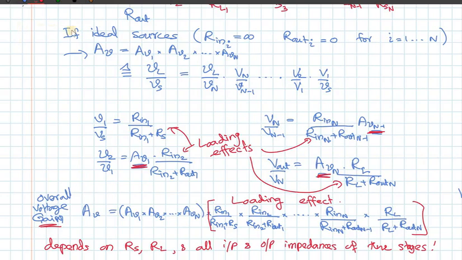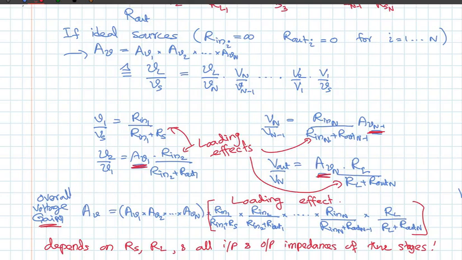However, when you have ideal stages, where input impedance is infinity and output impedance is 0, then of course this loading effect will go away, and the overall gain will be equal to the gain of each individual stage multiplied together. This doesn't have to be ideal; as long as they are close to ideal, we will have a total gain very close to the overall gain.